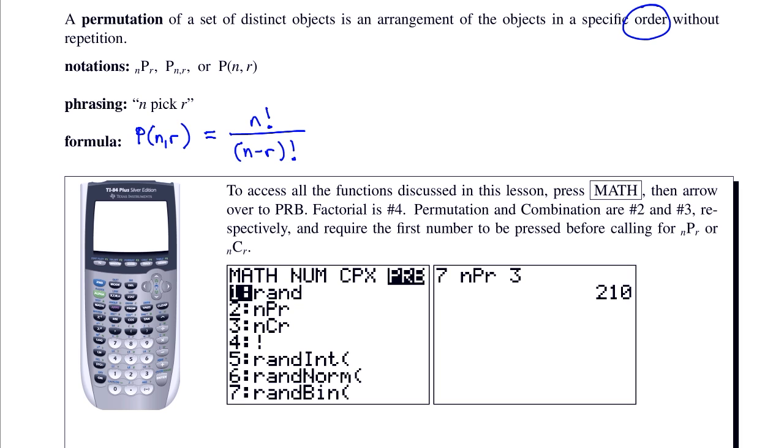That is the technical formula for permutation. The practical way to do a permutation is to sort of do the factorial of the n, but only go out r numbers. Okay? And I will show you that in this example here.